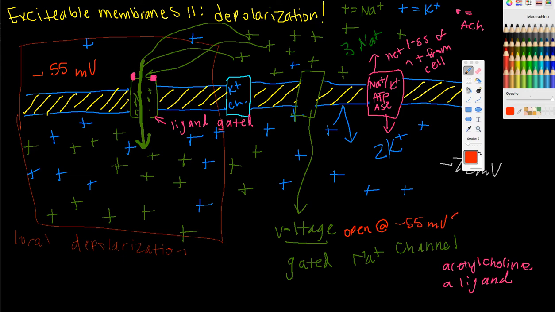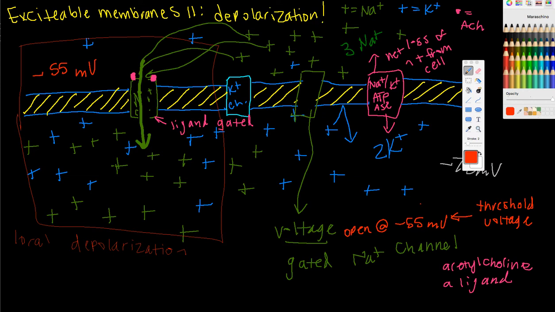So we call this voltage the threshold voltage for opening, meaning it is not open unless negative 55 millivolts is reached by the membrane. So anything between negative 70 and negative 55, it's not open at, or anything below negative 70, it's not open at. It flips open only at the threshold voltage of negative 55.